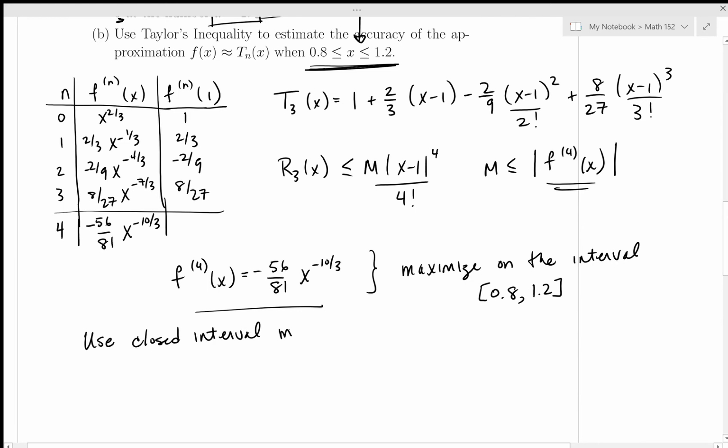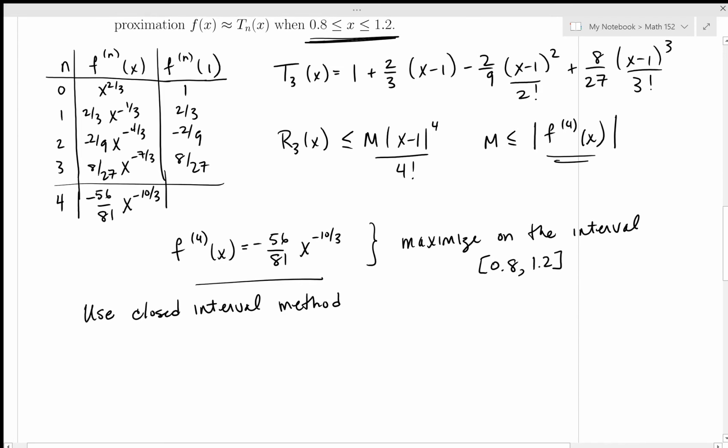Okay, that means I'm going to have to take the derivative and look at what's happening with this function. So I take yet another derivative of this thing. So I take the fifth derivative, because what I'm actually doing is looking at the first derivative of this function I want to maximize, and the function I want to maximize happens to already be a fourth derivative, so I'm taking the fifth derivative, and I get this thing here, 56 over 81 times 10/3 x to the minus 13 over 3.